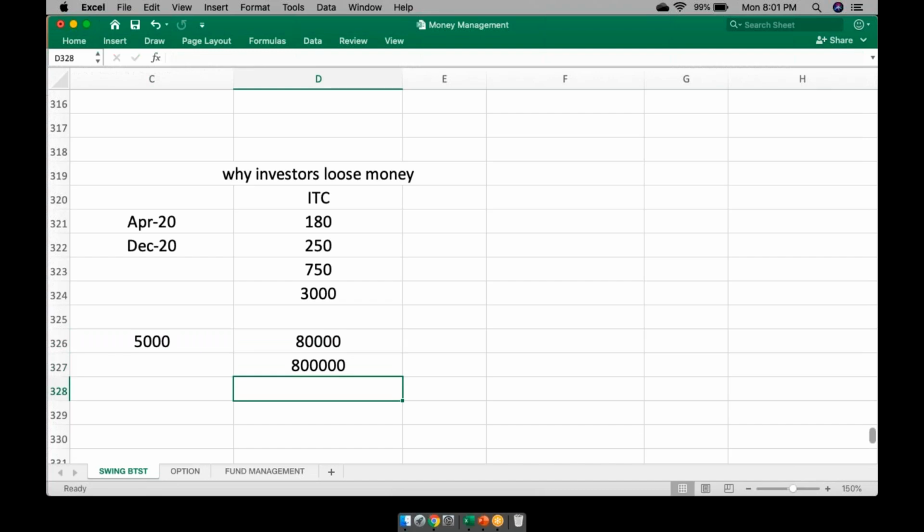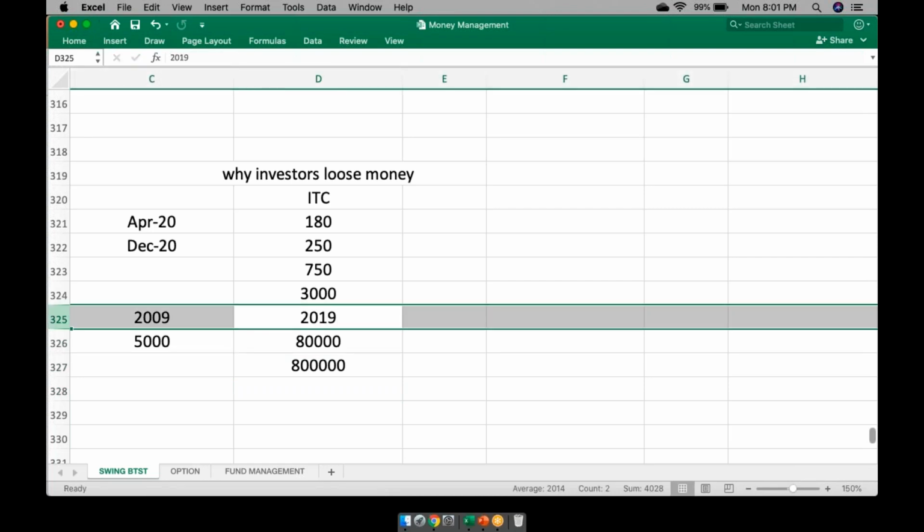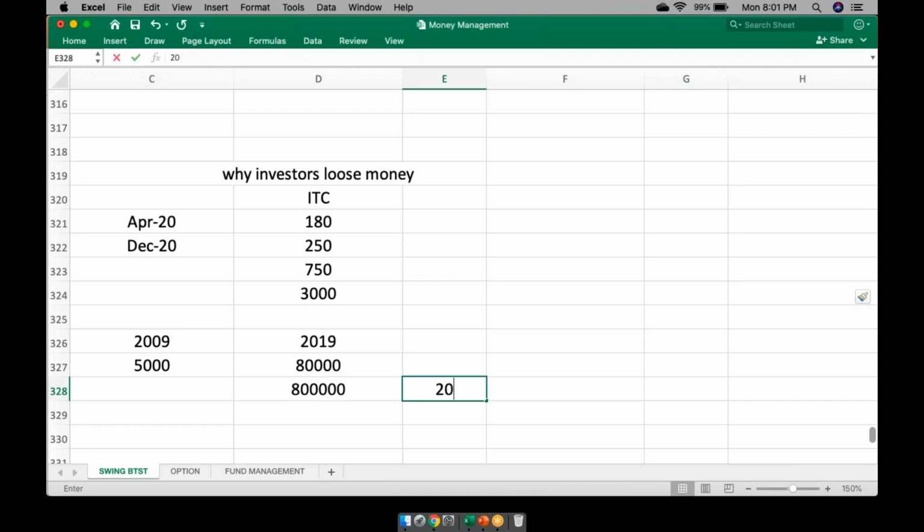Are we clear? Who didn't understand this concept? In 2009, MRF was 5000 rupees. In 2019 or 2020, it was 80,000 rupees, and in 2030 it will not be 8 lakh rupees. It will never get repeated, because the gigantic growth has already happened.